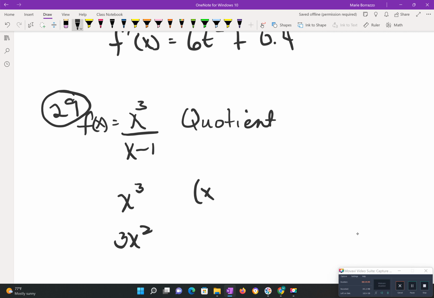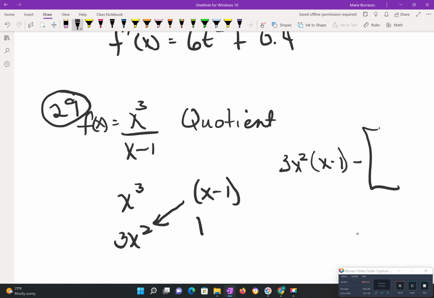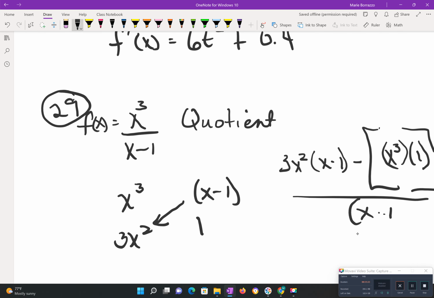Second term, we have x minus 1. And when I differentiate that, I have 1. So again, use the same notation, and in this case, remember, it becomes 3x squared times x minus 1 minus, and this is why I say use the same process for quotient rule, x cubed times 1. I'll just write it just for the sake of reminding you. And all of this is over the denominator squared, so x minus 1 squared.